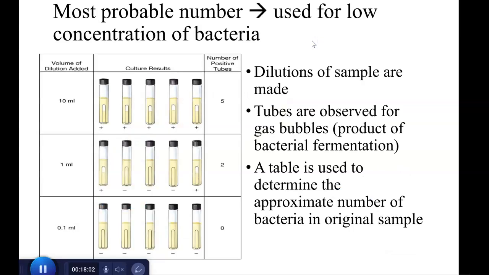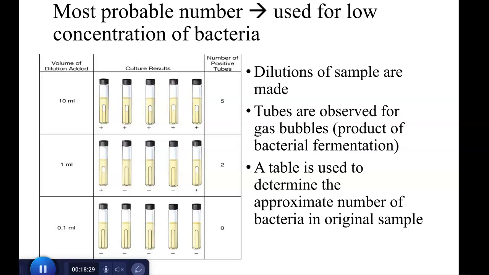If we had very low numbers, this is sort of a sophisticated setup that we would use, the most probable number. This is more like an estimate of the number of bacteria. So we would do dilutions and then grow our samples in media. When that bacteria is growing and metabolizing, one of the byproducts of that bacterial metabolism is the production of gas, and that gas would come out as bubbles.